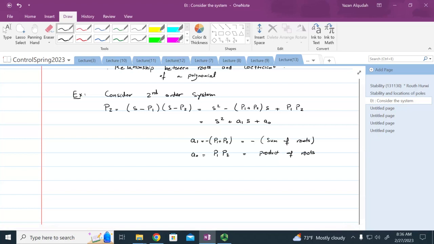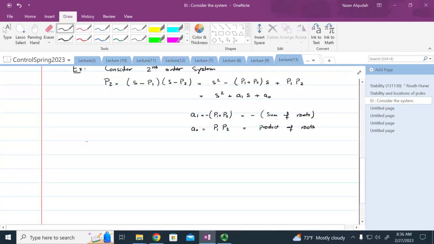Okay, let's do another example. If we have P3 equal to s cubed plus a2 s squared plus a1 s plus a0, and we have three poles, or three roots, s minus P1, s minus P2, s minus P3.